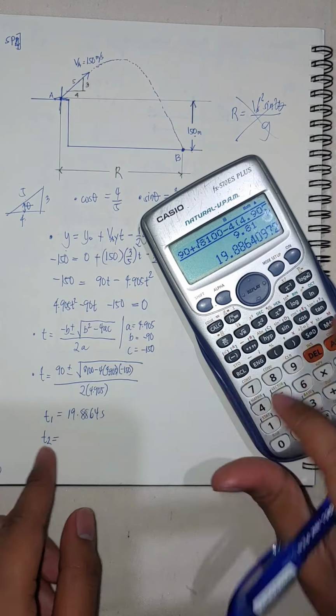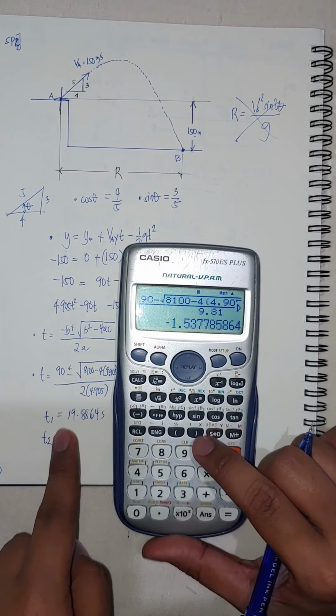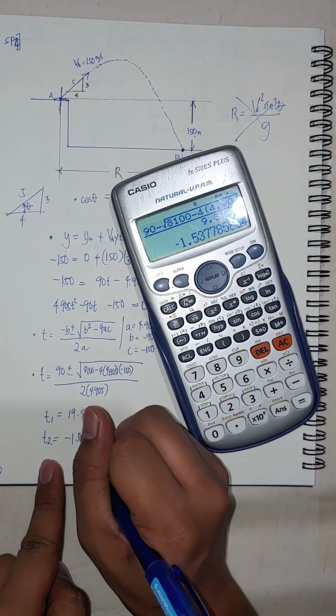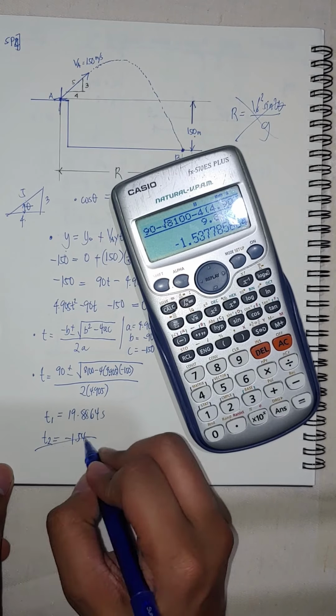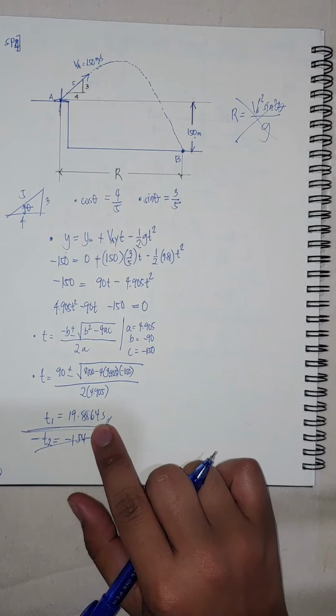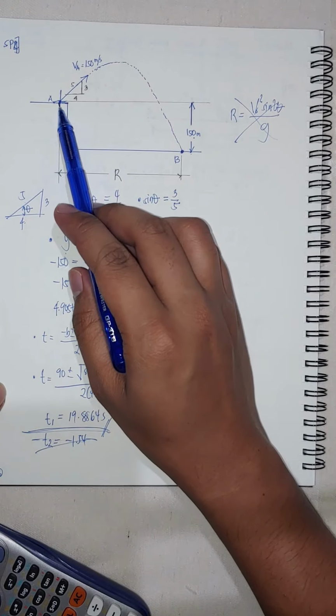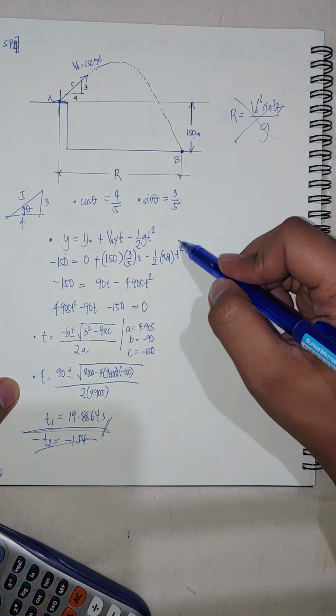Our second root, where we subtract, is negative 1.54. We don't have a negative time, therefore we use 19.8864 seconds. So we already have the total time traveled from point A to point B.